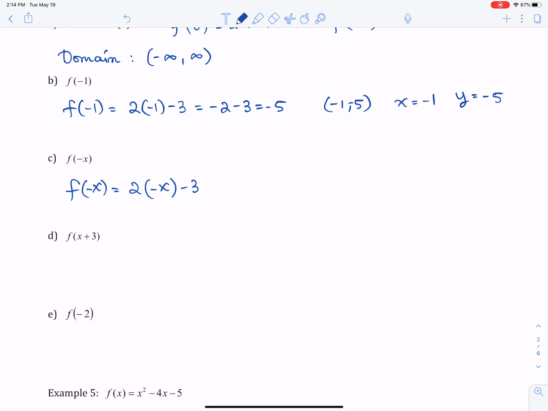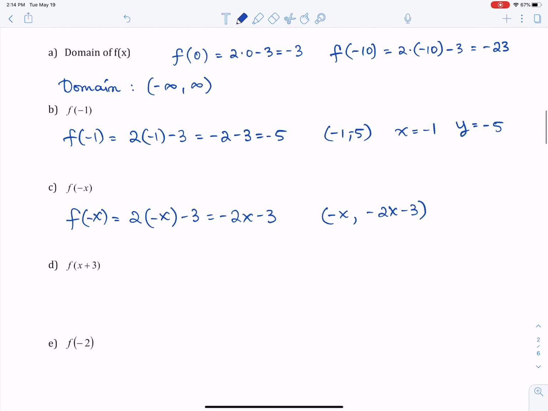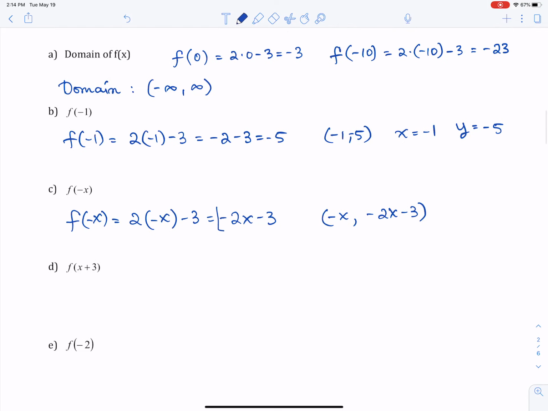Well, negative x times 2 is negative 2x minus 3. And we cannot continue simplifying this expression. It's as simple as it is. So when we plug in negative x, we end up having a y value of negative 2x minus 3. And that's my final answer here.